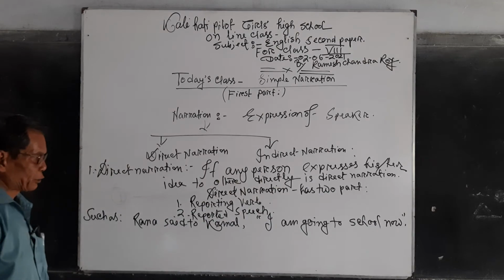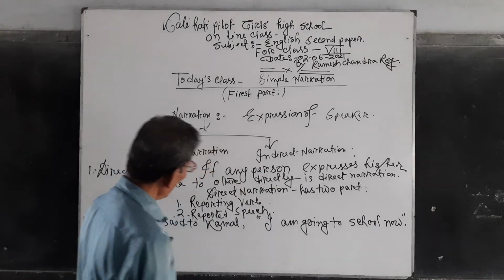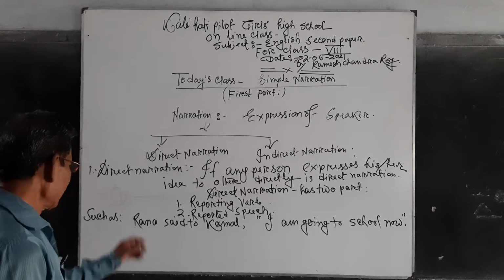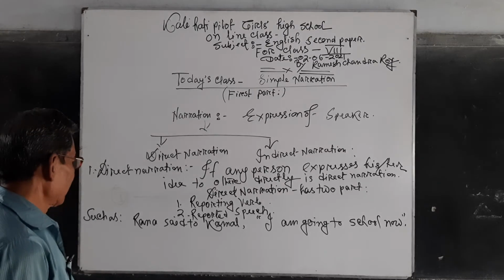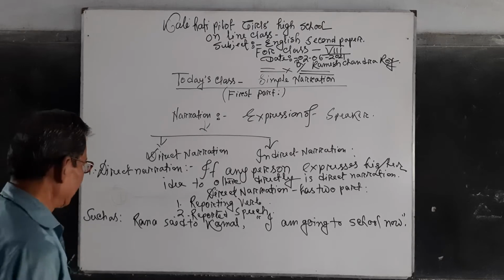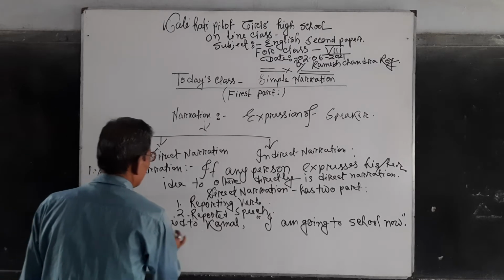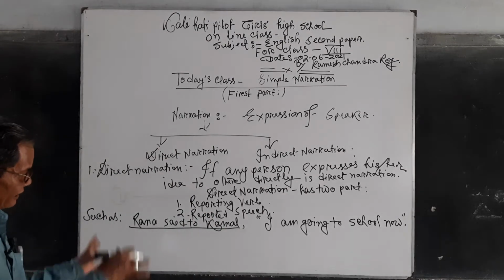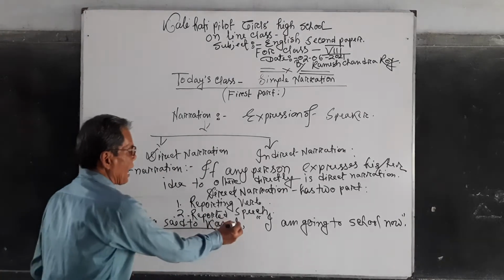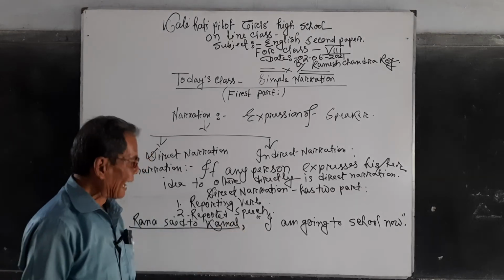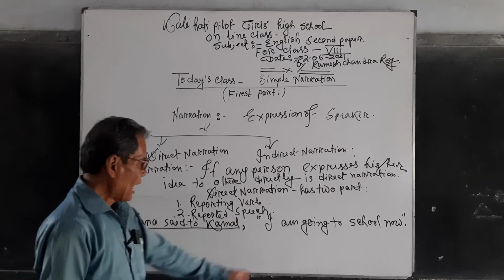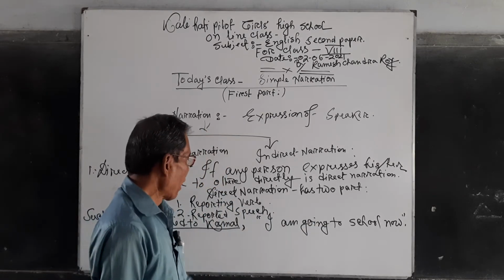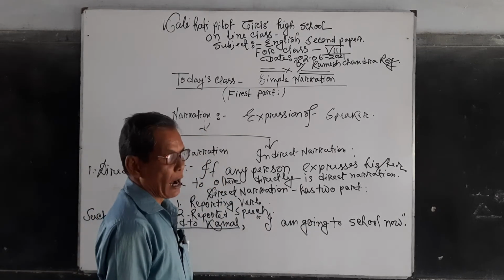My dear students, look on the blackboard and my writing. We can see here that the first part is Rana said to Kamal. This part is separated with a comma. And the second part, I am going to school now. This part is covered with inverted commas.